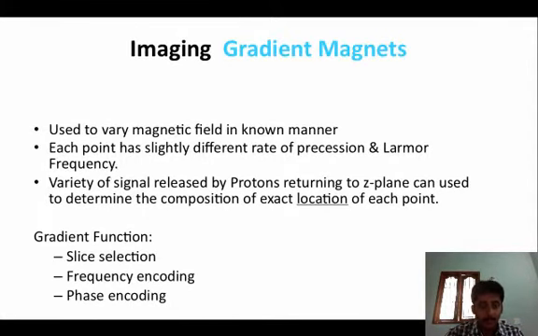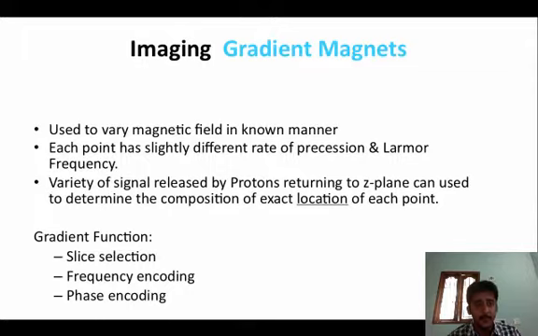So what are these imaging gradient magnets? We use them to vary the magnetic field in a known or required manner. Each point has a slightly different Larmor frequency, because gradient means variation in magnetic field, and we know that Larmor frequency is proportional to the applied magnetic field.